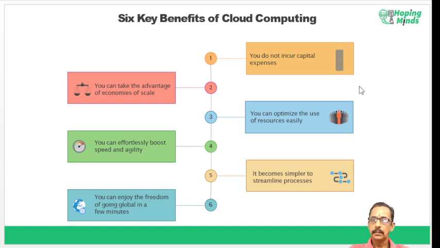Economies of scale will reduce a lot of your cost. Optimize the use of resources easily, which we have already discussed. If you require two servers, take them on rent for one month and return them. Don't keep unnecessary storage with you, because if storage and servers are there, they will occupy your space.